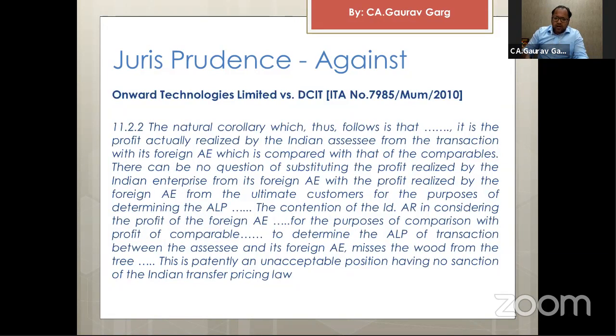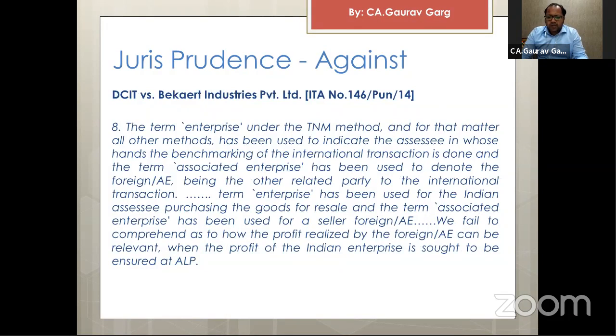Now, moving forward, we have a Punjab tribunal judgment in the case of BCART Industries Private Limited, wherein the tribunal observed that the term enterprise under the TNMM method, and for that matter all other methods, has been used to indicate the assessee in whose hands the benchmarking of the international transaction is done.